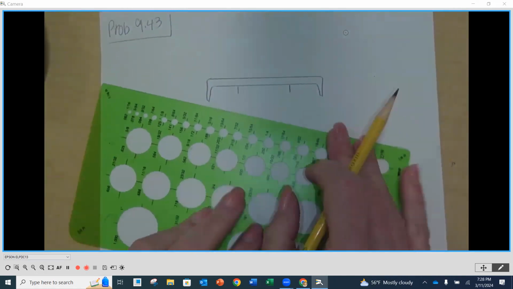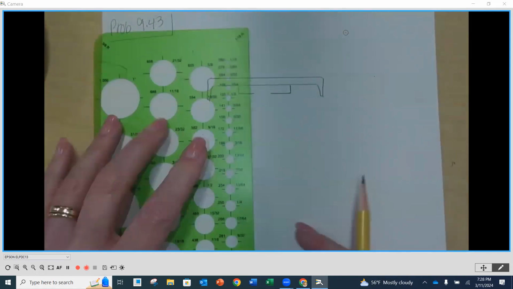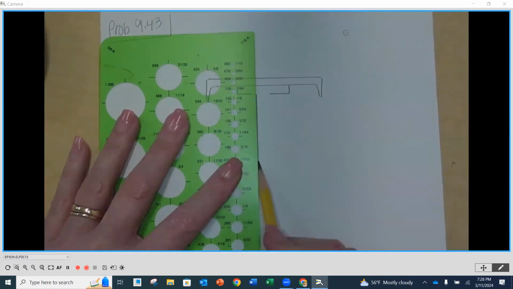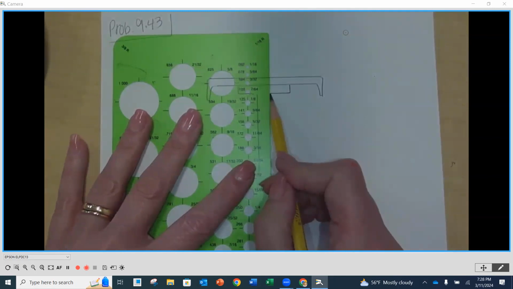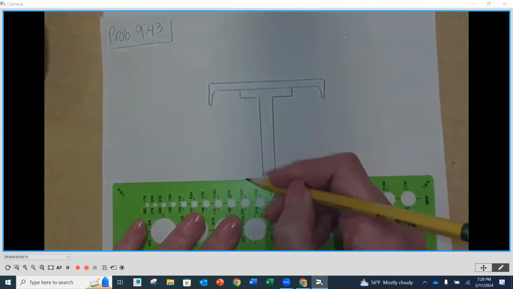Not that everything has to be perfect, but I'm trying to give it some shape so that it looks a little symmetrical.